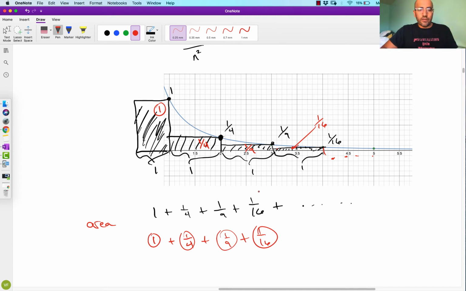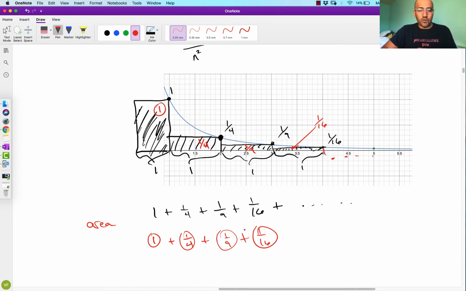Now that we've converted the question of adding a bunch of fractions into the question of finding the sum of all the areas of all these rectangles, the advantage is that now that we're thinking about areas, we can compare the sum of the area of all these rectangles to the area that is below the function 1 over x squared but above the x-axis.